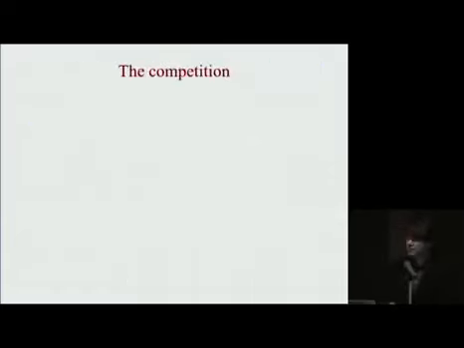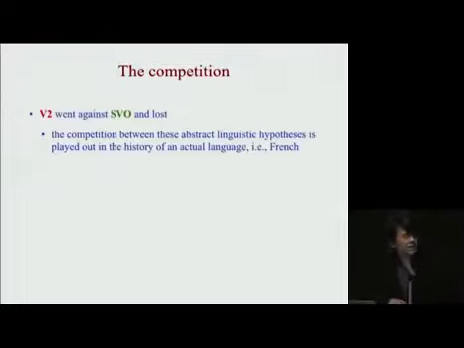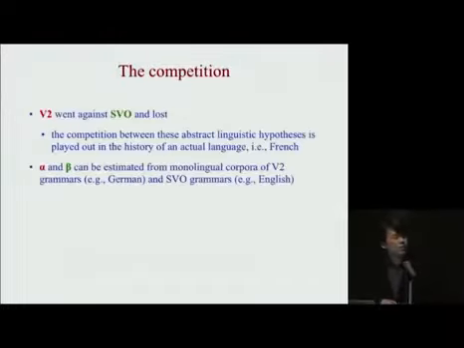So what's the competition here? It went from a V2 grammar to an SVO grammar. So these are the two variants that are in competition. Following the logic I was sketching out, we can estimate the alpha and beta in monolingual corpora of V2 and SVO languages. So we take something like German or English.